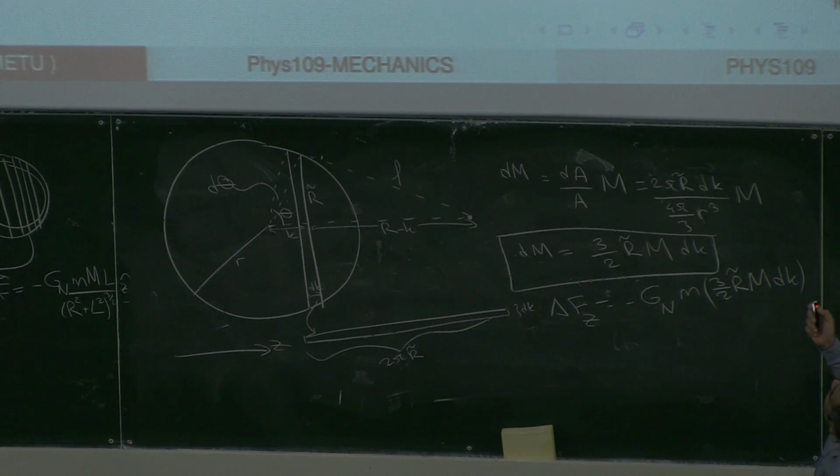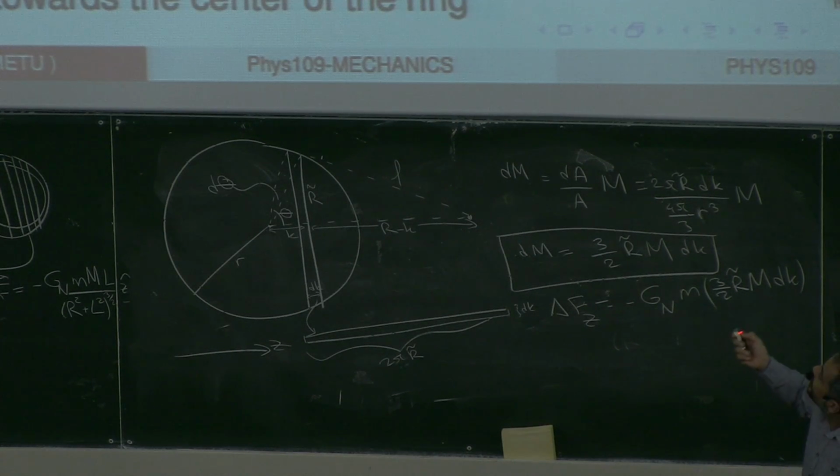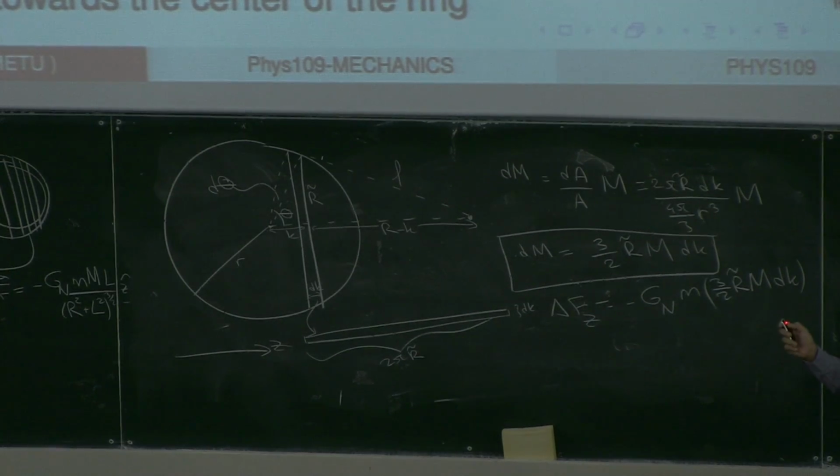Okay, this is what I had. I have the Newton's constant, the mass of the ring, which I already wrote down, my point mass. This L is the distance from my mass to the center of the ring.